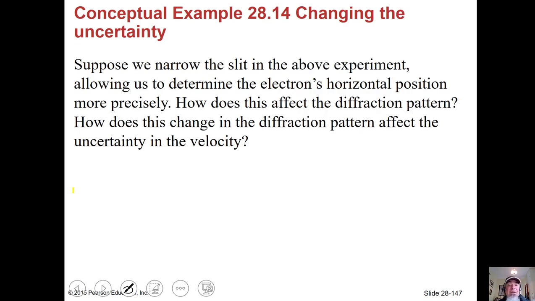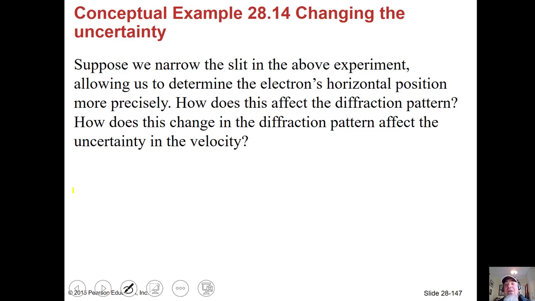Suppose we narrow the slit in the experiment, allowing us to determine the electron's horizontal position more precisely. So you make the slit smaller and smaller, but remember what happens to the single slit when you make the opening smaller and smaller. It spreads out more and more, so you get more of an uncertainty in the velocity then. Just like we did with actual waves, send them through a slit, you make A smaller, you make the width larger in this direction.